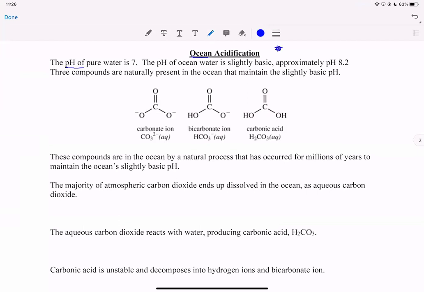So a pH that is exactly 7 is called a neutral solution. That's only when you have exactly pure water. So that's water that doesn't have any extra hydrogens or any extra hydroxides. That's pretty rare. But pure water should be exactly equal to 7 because it has an exactly equal concentration of hydrogen to hydroxide.